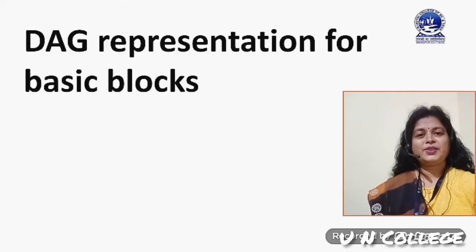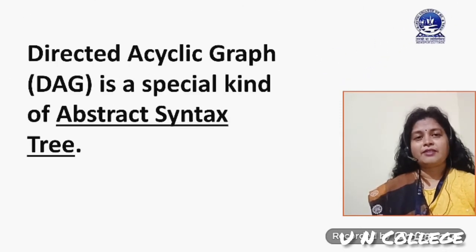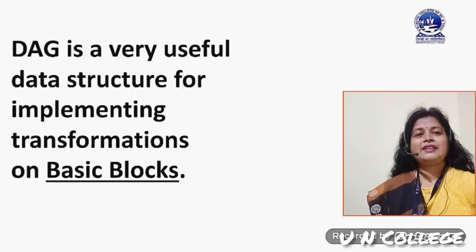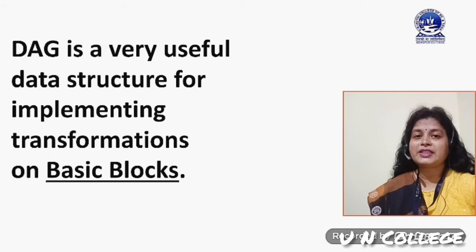Now I am going to discuss DAG representation for basic blocks. Directed acyclic graph, which is called DAG, is a special kind of abstract syntax tree. DAG is a very useful data structure for implementing transformations on basic blocks.